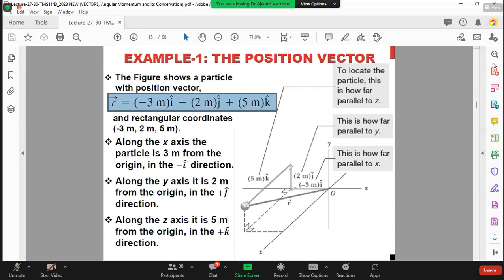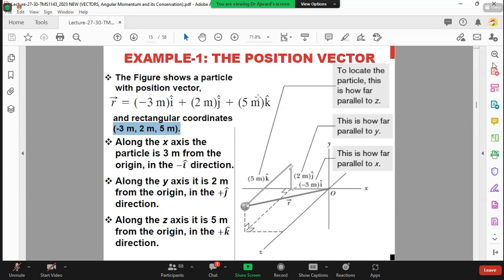and to come to the particle, this vector is decomposed into its components x, y, and also z. So you can write the vector r in terms of unit vectors like this. Does everyone understand that? The coordinates of this particle here are -3 meters, 2 meters, 5 meters.